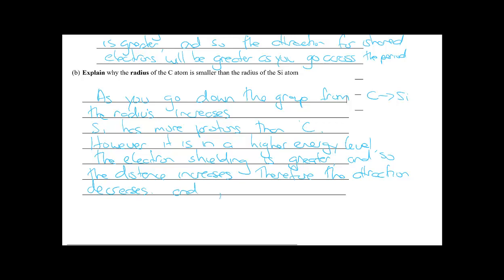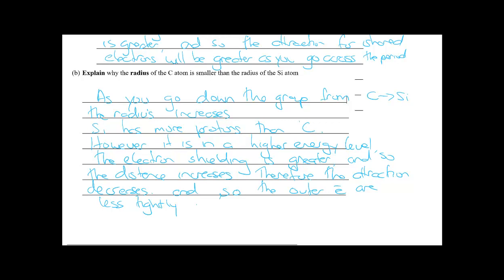And so the outer electrons are less tightly held, and the radius is bigger. Okay. There's only so much they can ask on these trends, so make sure you get it right.